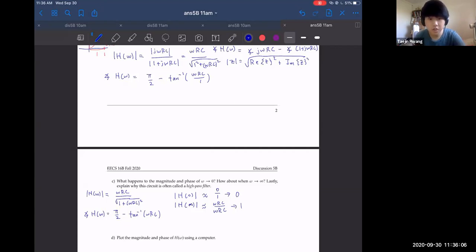And then for the phase of the complex number, the arctan of 0 is 0, so really pi over 2 minus 0 approaches pi over 2.